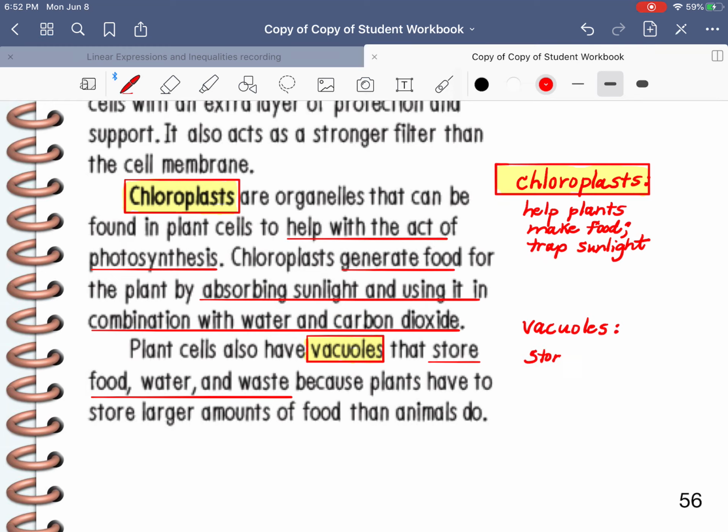They store nutrients, we'll call it food, water for the plant, and waste. If you've ever seen a plant that has wilted, that is because its vacuoles have shrunk. They have been reduced in size. So let me flip over there. We'll look at a picture and you'll see what I mean.